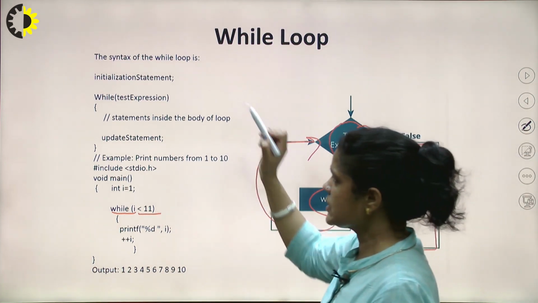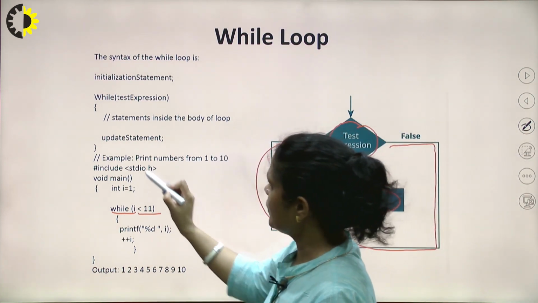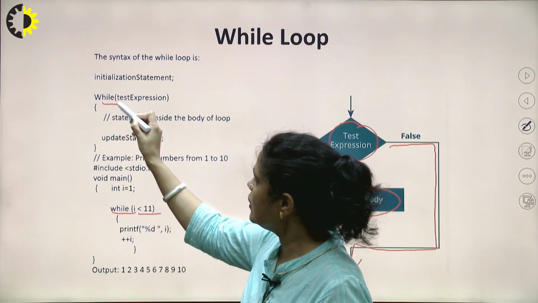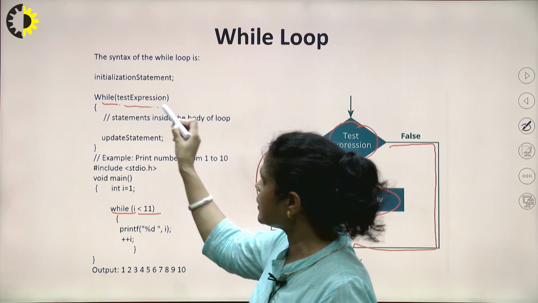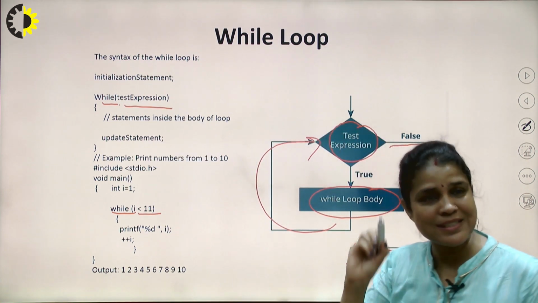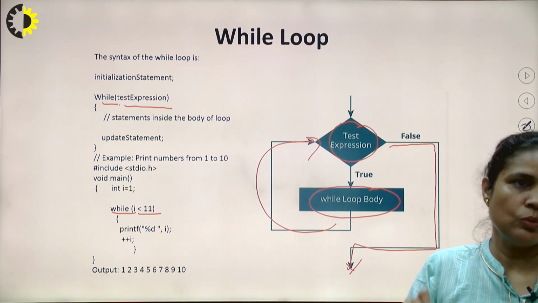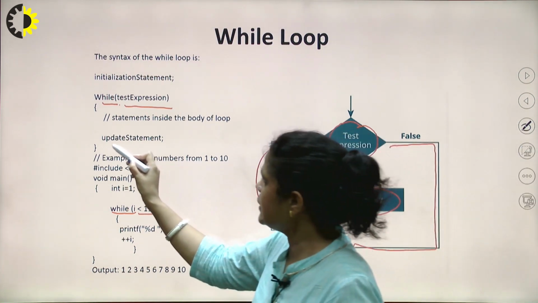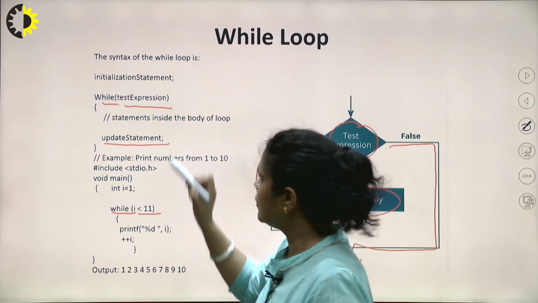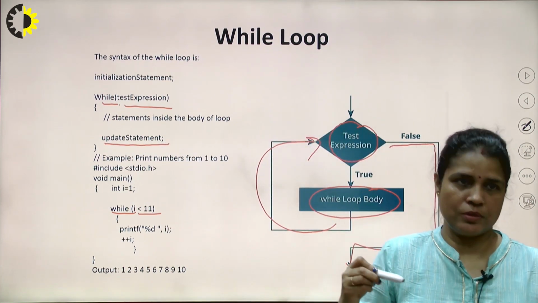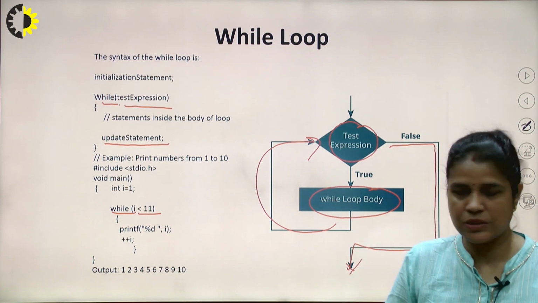What is the syntax for the while loop? We need to write the while keyword, and then in small parentheses, we write the test expression on the loop counter. And then inside the loop, as the last statement, we will update the counter for the next iteration, right?